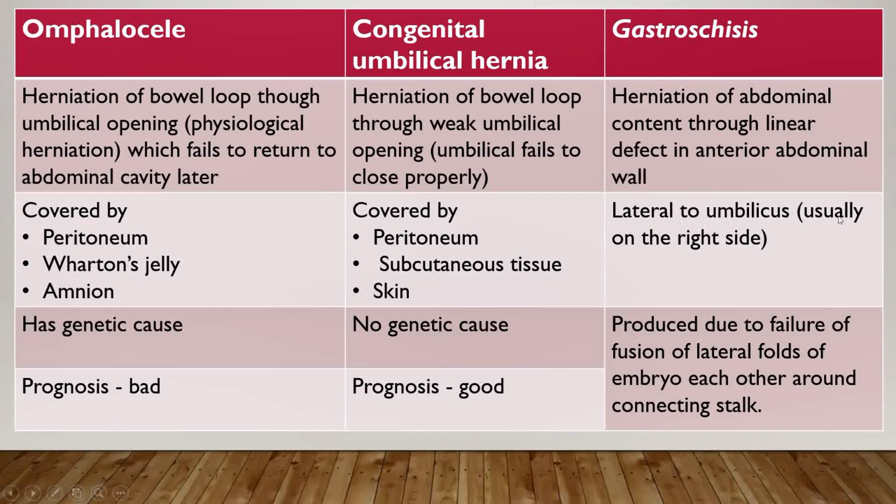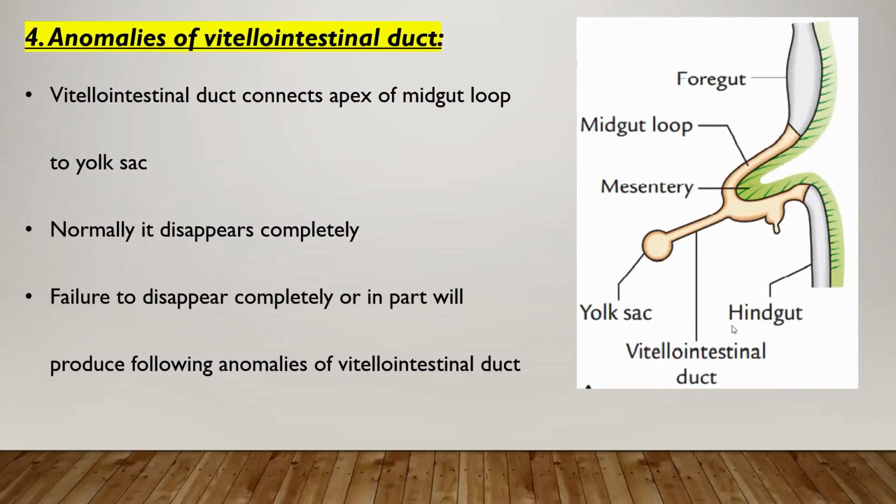It is lying lateral to the umbilicus, usually on the right side. It is produced due to failure of fusion of lateral folds of embryo with each other around the connecting stalk. Prognosis in gastroschisis is much worse. It is worst.